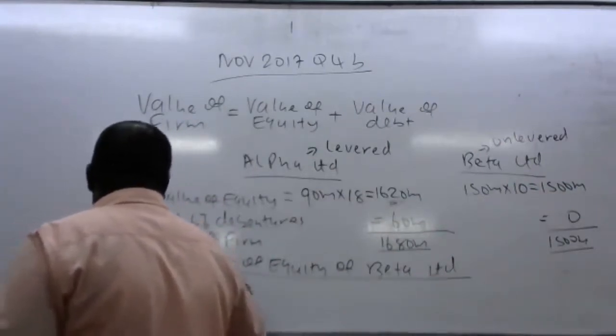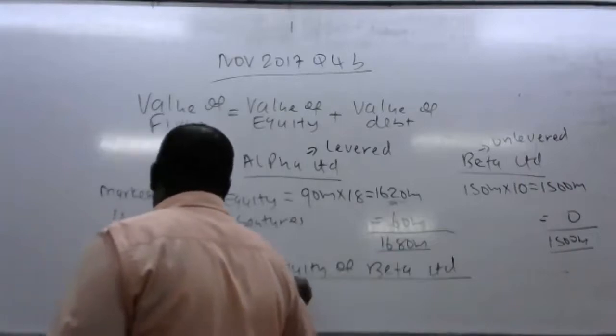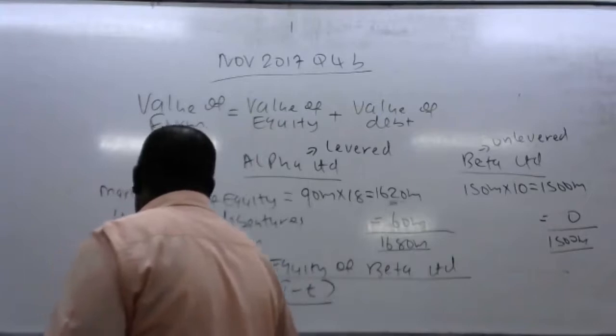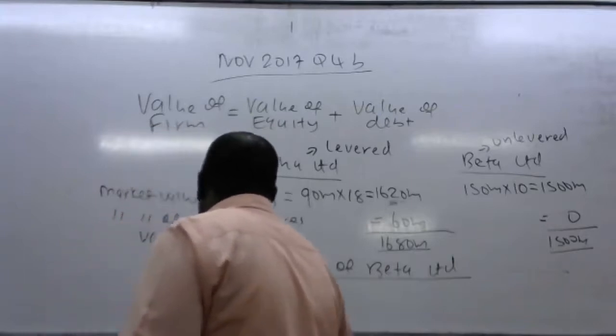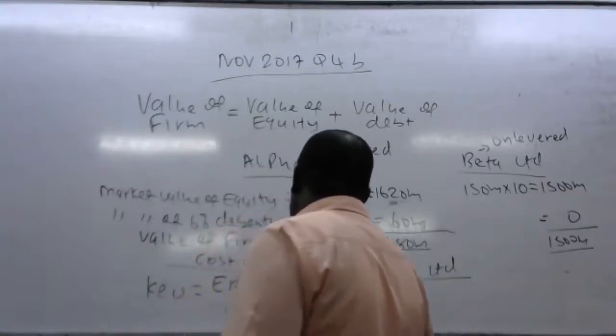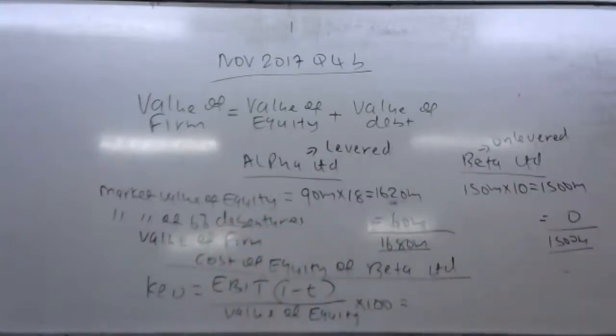It is simply earnings before interest and tax. So this time there is no interest. We divide by value of equity. Then we express it as a percentage like that. So KEU is meant to be the cost of equity of the unlevered firm.